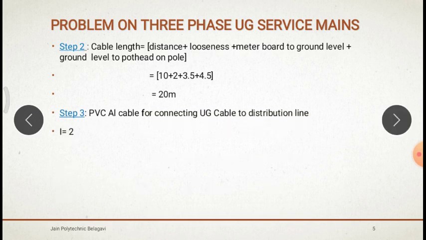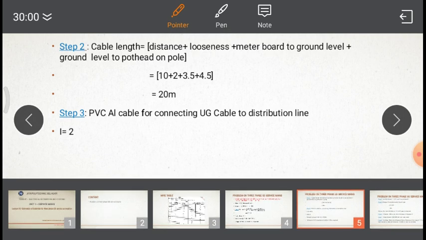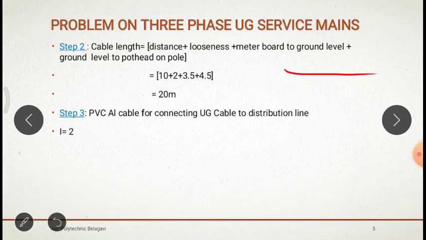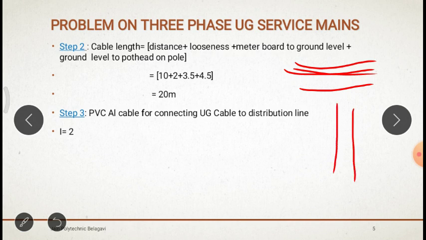Next is the PVC aluminum cable for connecting the underground cable to the distribution line, that I told in the previous video also. If the distribution lines are there, then you have to take it to the pole section tapping. Assume this is your pole.